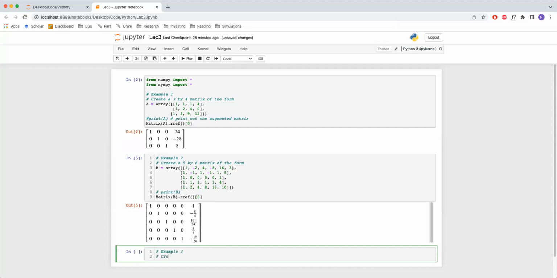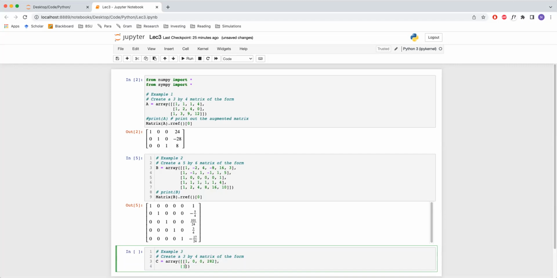What we want to do is create the 3 by 4 matrix. I call this matrix B, and it consists of 3 rows and 4 columns. The first row has the entries 1, 0, 0, and 282.